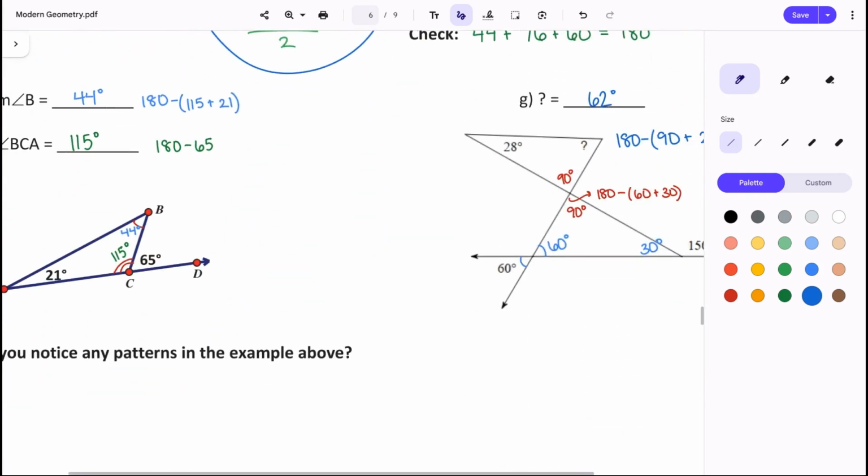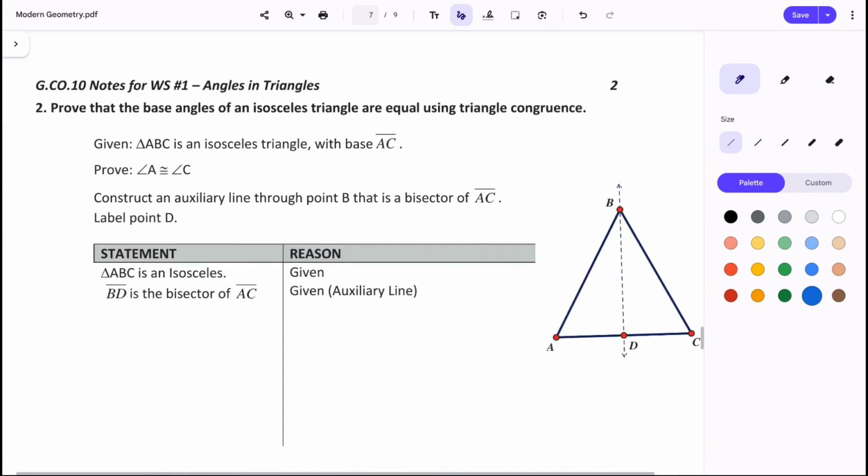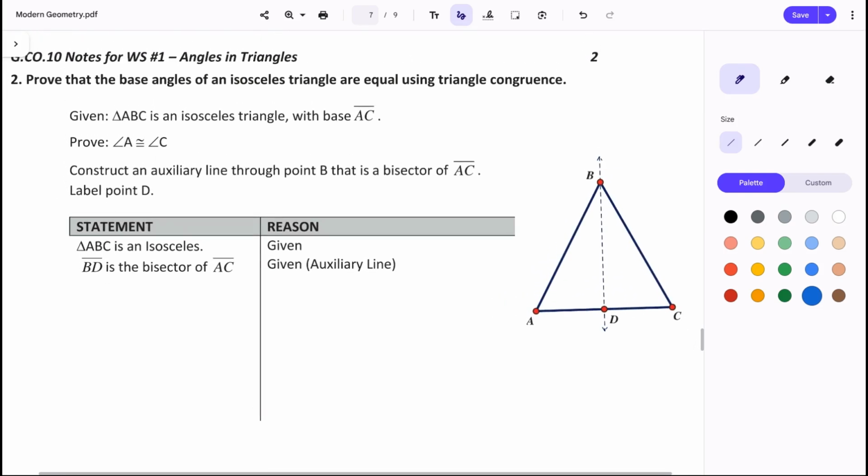Okay, so I'm going to come down here. If you remember yesterday, we talked a little about how we'll sometimes still have to prove things in class. So we're going to talk about an isosceles triangle, but we're going to prove why an isosceles triangle does this. Up above it says, prove that the base angles of an isosceles triangle are equal using triangle congruence.